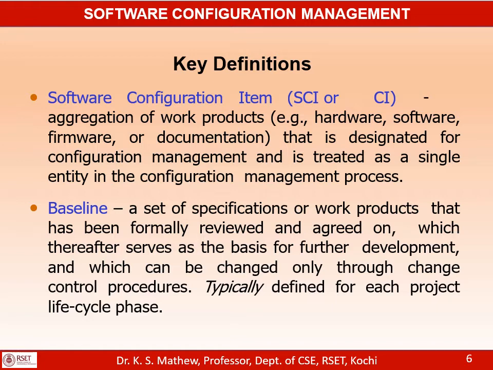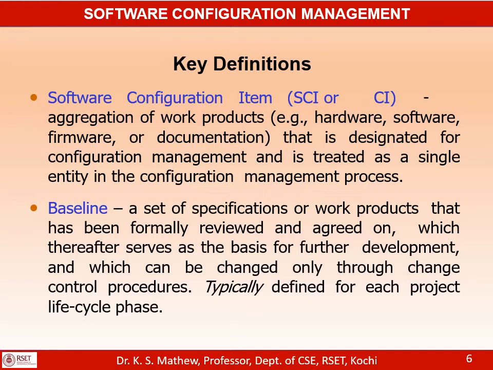And the second definition: we talked about baseline several times before as well. So let us see what is meant by baseline. Baseline is a set of specifications of a work product. It could be a documentation or a work product that has been formally reviewed and agreed on. When you produce a work product during a phase of a project, for example a software requirement specification, it will go through the review process.